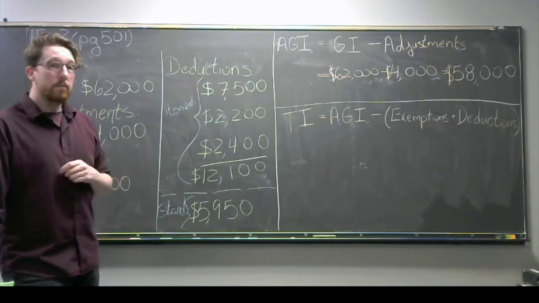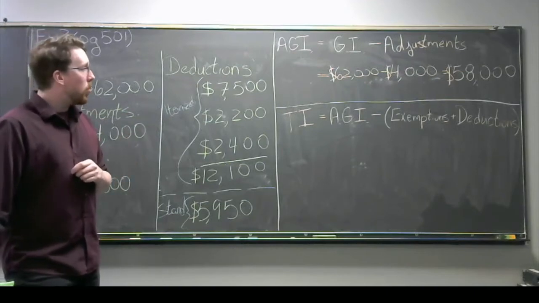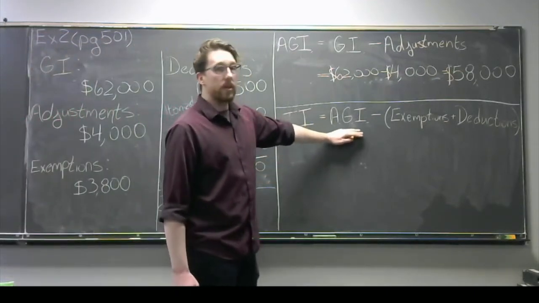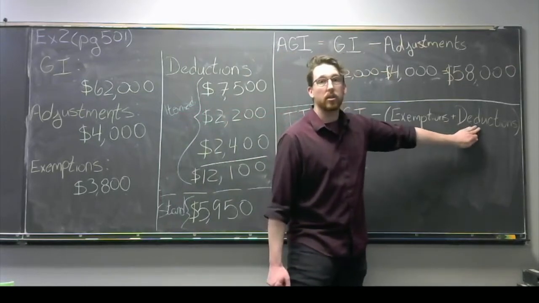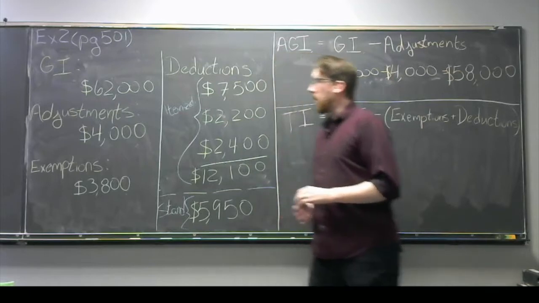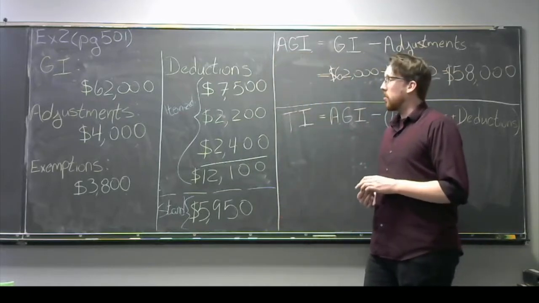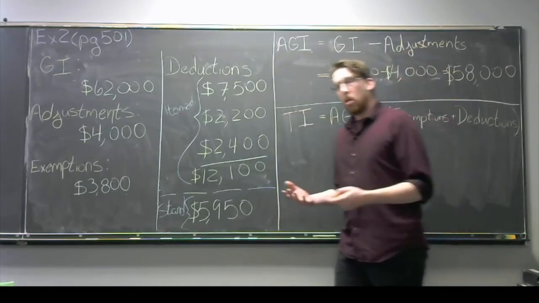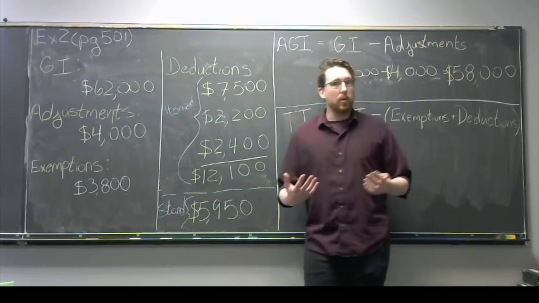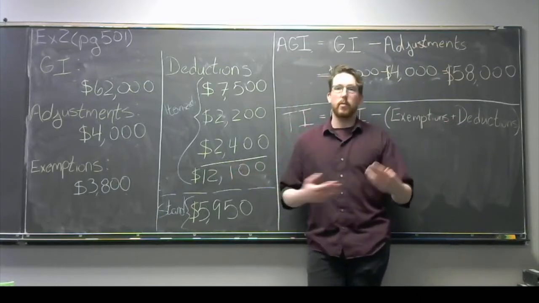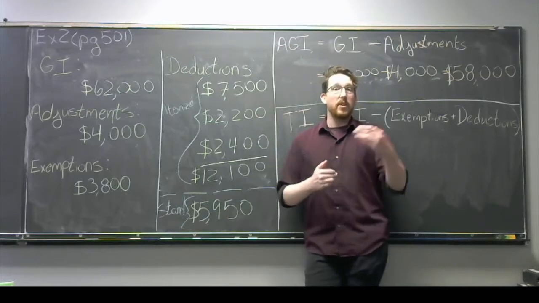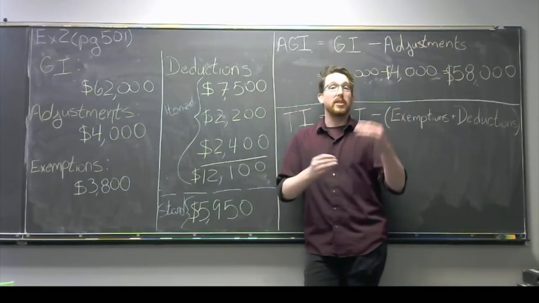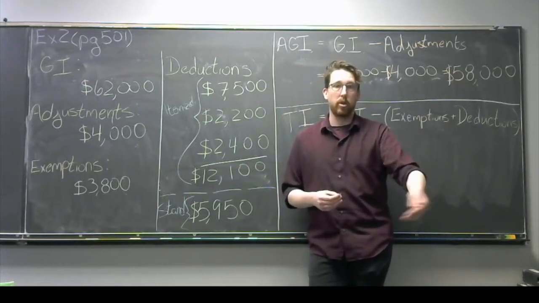Now to find the taxable income, we have to take the adjusted gross income and subtract the sum of our exemptions and our deductions. All right, so I said I would explain in just a second what exemptions are. Exemptions are a value that's provided to us by the federal government that we can pull from our adjusted gross income for every person dependent on that gross income.